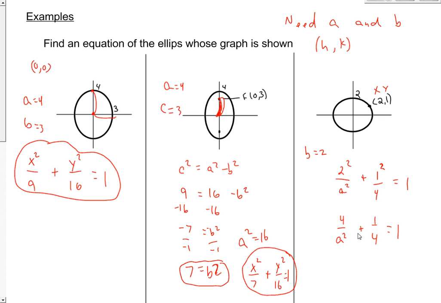So now I'm going to solve this for a squared. I'm going to subtract the 1/4. That gives me 4 over a squared equals 3/4. And here I can do my work to solve the proportion, and I get 16 divided by 3.